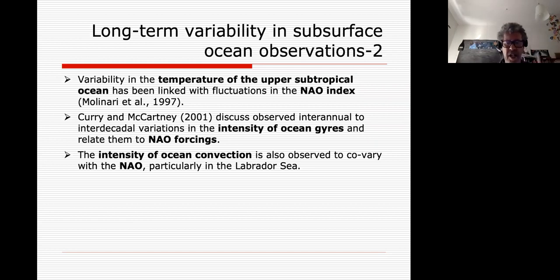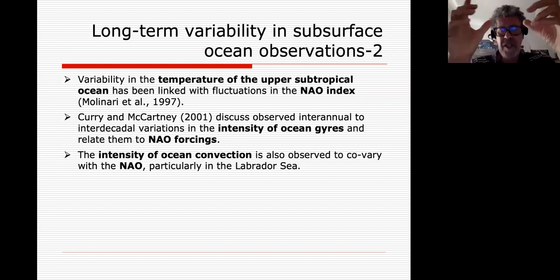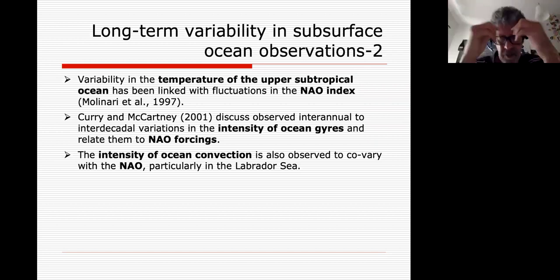The ocean gyres are typically wind-driven. Also, the inertia of the ocean gyre is large, so they are a low pass filter, compared to the NAO forcing, which has almost a white noise spectrum.